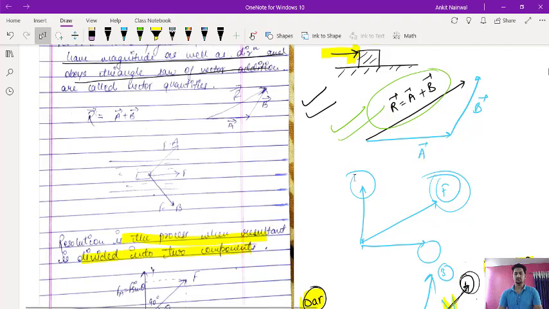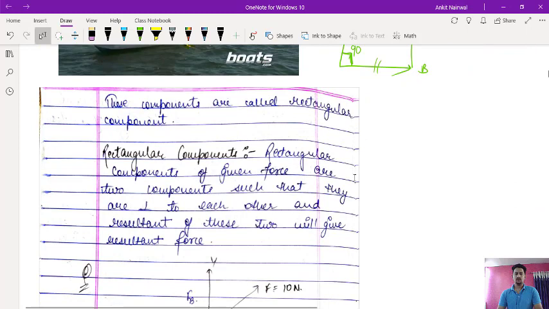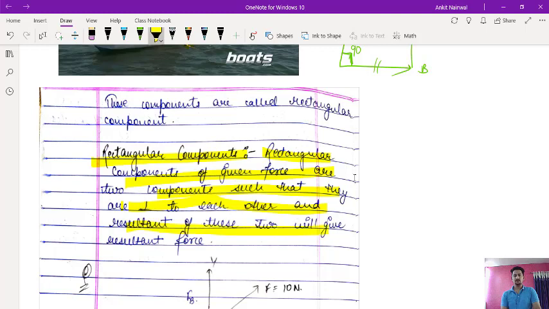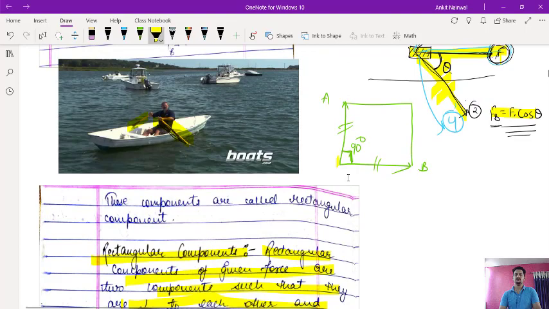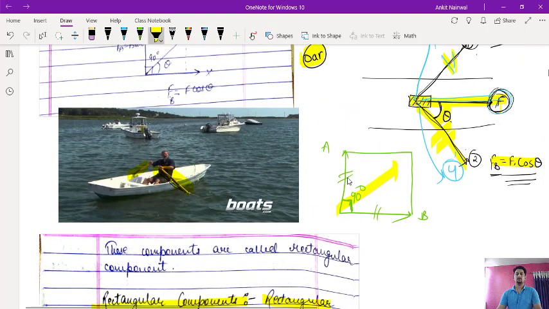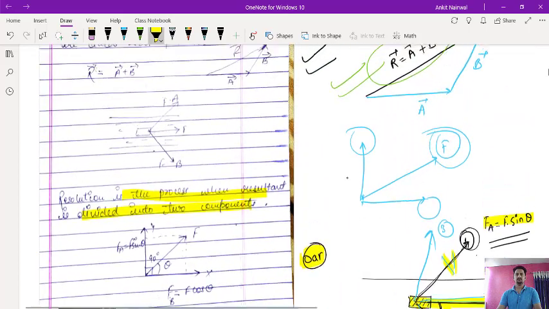Okay, so now there is the definition of rectangular components. What are rectangular components? I have already told that rectangular components of a given force are two components such that they are perpendicular to each other. They are at 90 degrees to each other. The resultant of these two will give the resultant force. Okay. So this is how we calculate the resultant force.